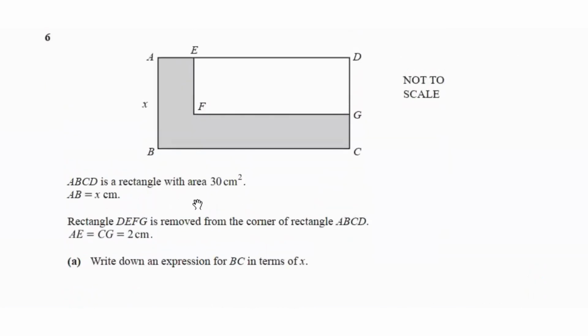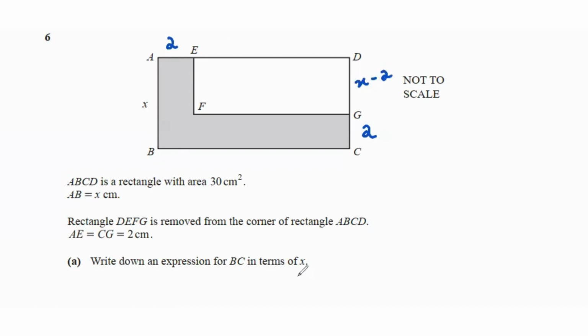Question 6 says ABCD is a rectangle with area 30 centimeters square. AB is x centimeters and rectangle DEFG is removed from the corner of the rectangle ABCD. AE is equal to CG, which is equal to 2. So this is equal to 2. So that means this would be x minus 2.